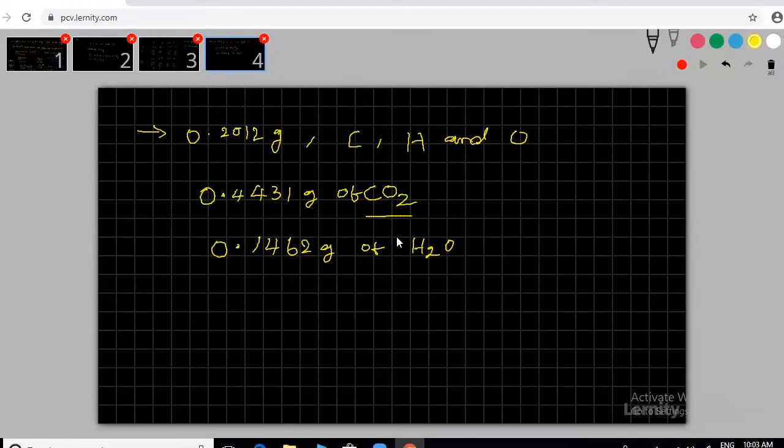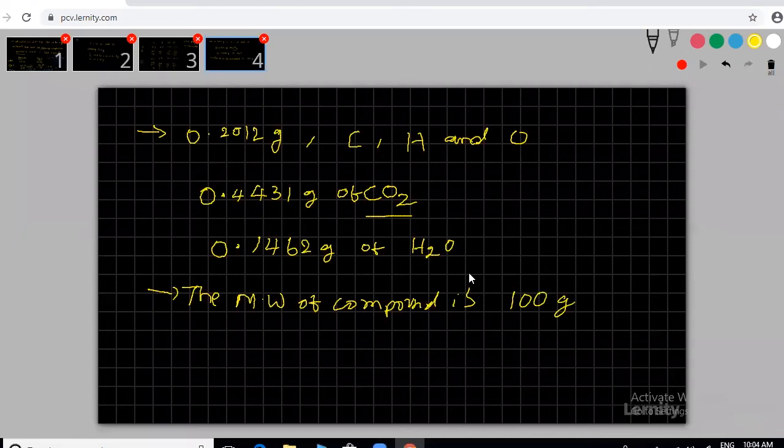Here, the molecular weight of the compound is 100 grams.